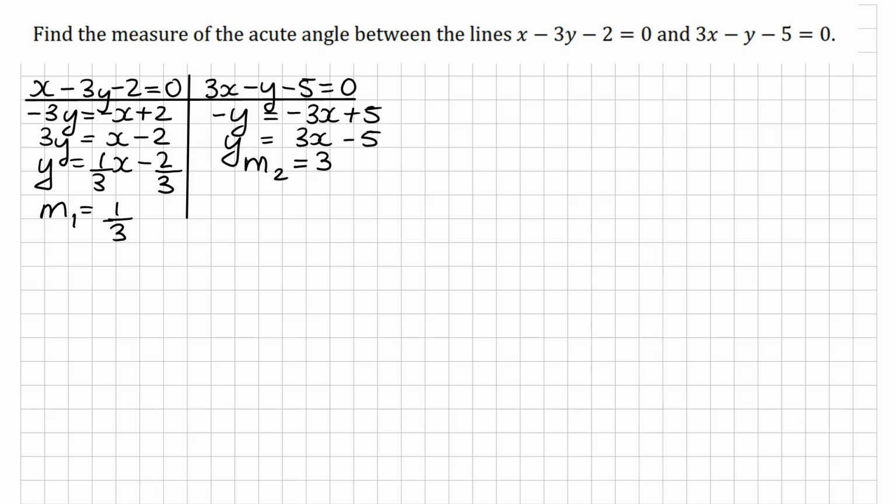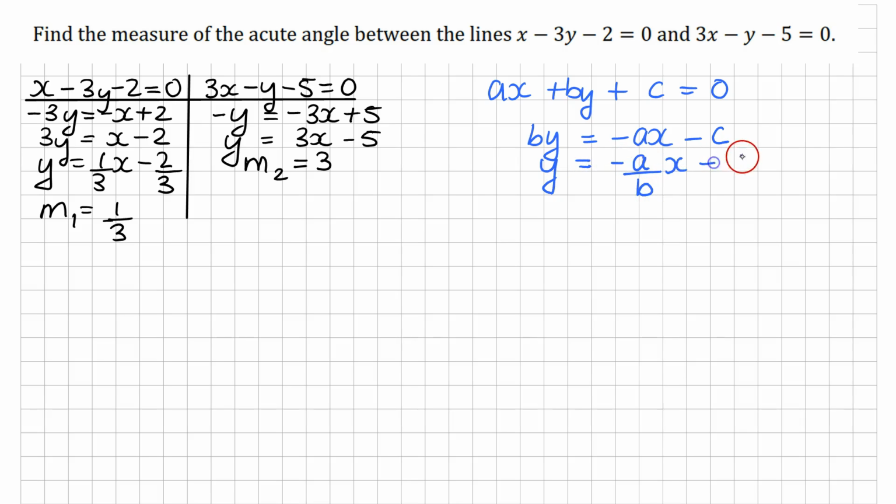Now what you can do here quickly for slopes too, and you just want to be really careful with this, if a line is in the form ax plus by plus c equal to 0, and we try to get the slope of any line like this, then by will be equal to minus ax minus c. So y would be equal to minus a over b x minus c over b.